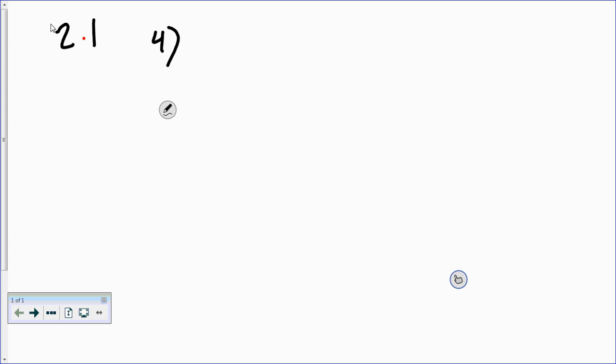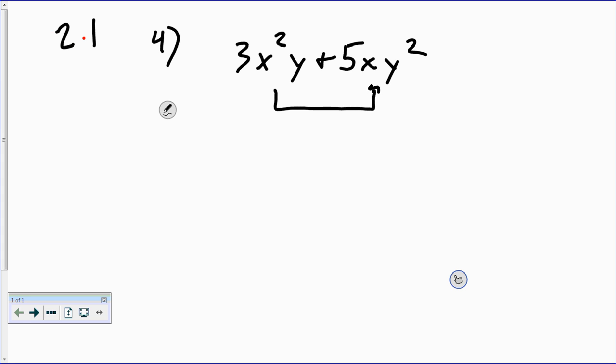Number 4, 3x squared y plus 5xy squared. Again, you have to note that they really should be in simplest form, but remember, we can't add these together, because your exponents have to be the same.